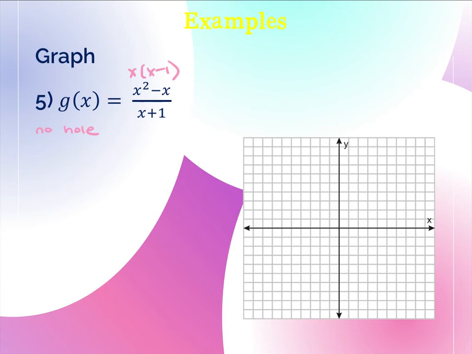The vertical asymptote comes from setting the denominator equal to 0, so x equals -1. The horizontal asymptote: this time the highest exponent in the top is 2, highest exponent in the bottom is 1. That means it's bigger in the top, so there's no horizontal asymptote. But it's 1 bigger, so there is a slant asymptote.